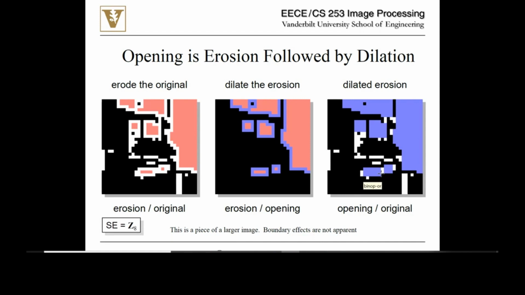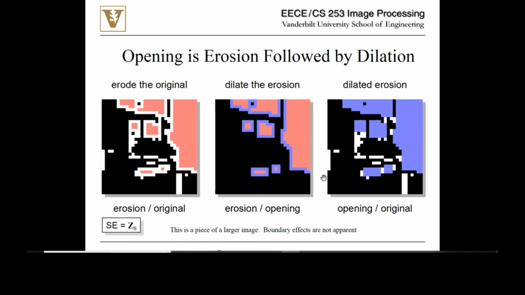So an opening is a way of getting rid of thin objects in the input image. So we first get rid of the thin parts, these isolated pixels, and then the thick parts survive the erosion, and now we dilate them to try to recover the original.